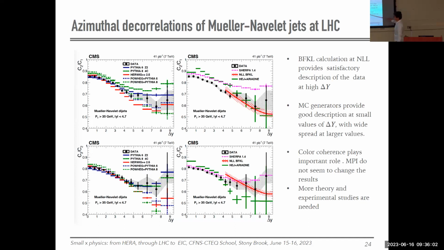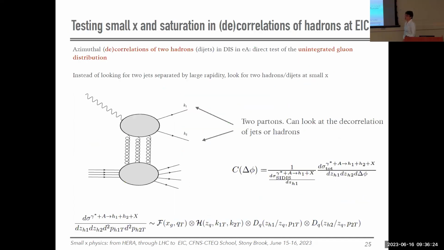So I would say that the verdict is still an open question. We probably need more theory and experimental studies to say that this is really a strong signature of the physics.